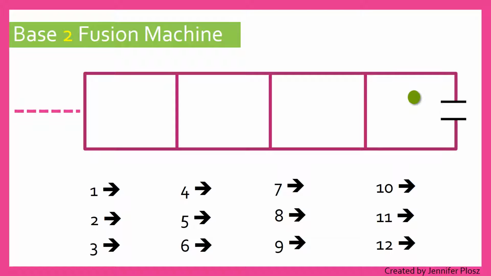Our coding here is going to be looking at how many objects are in each compartment. If we bring one dot in, then we have one dot in that compartment. So 1 would just be coded as 1.